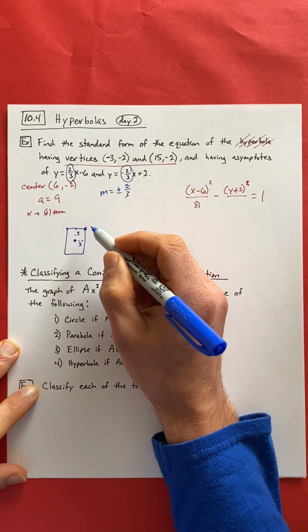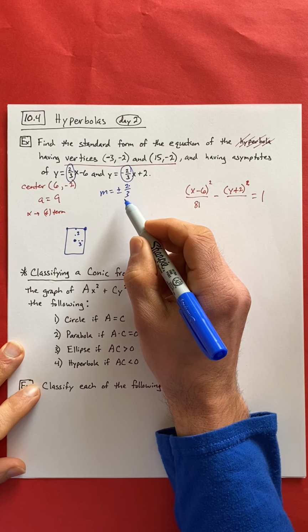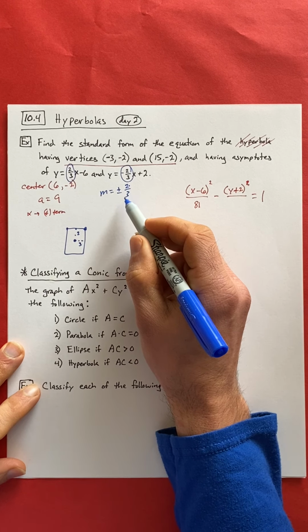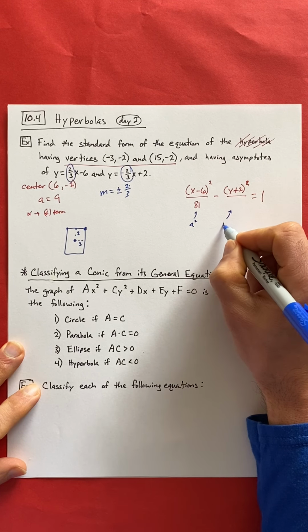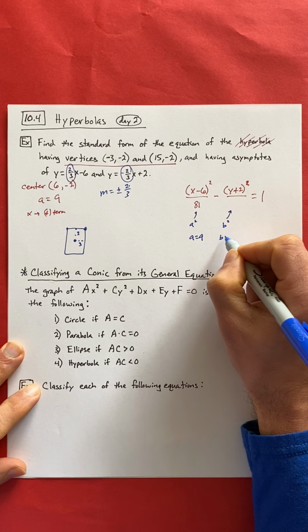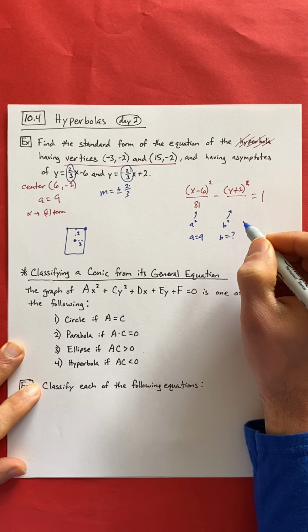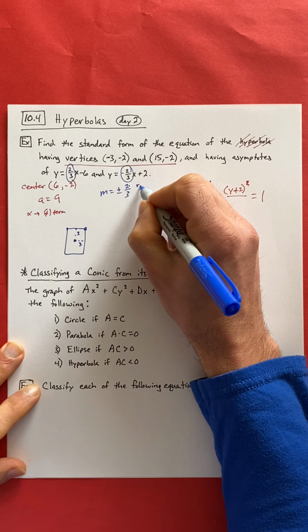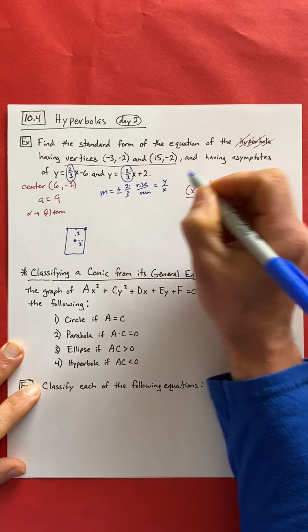So I'm going to use that idea and say, okay, well, wait a second. If I know that the slope is equal to 2 over 3, and according to this equation, this represents a squared, I know that because I found it from over here. That means whatever's missing over here, that's b squared. Well, that means I know a is actually 9. I don't know what b is. But whenever I find slope, it's always rise over run, which means it's always the change in y over the change in x.